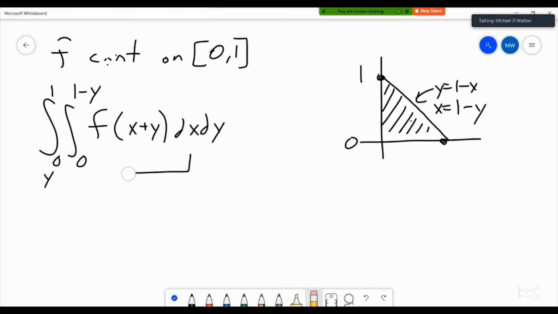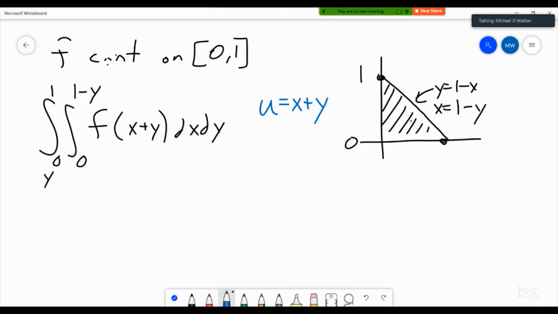Our goal is to get it to be an f of u sort of situation. So that tells us what substitution we want to make into our problem. We want to say u is equal to x plus y, so we can then make that substitution.